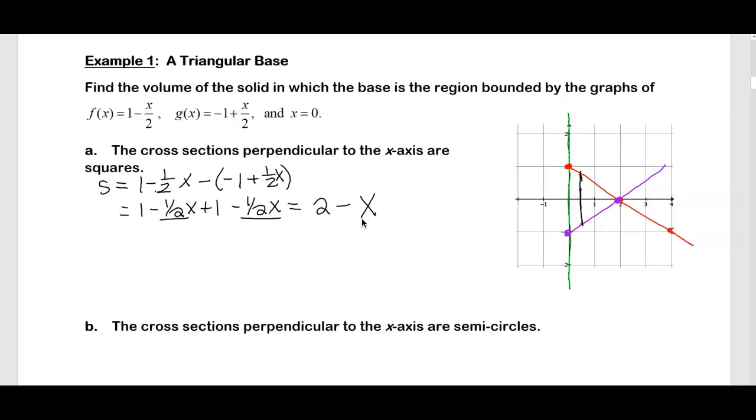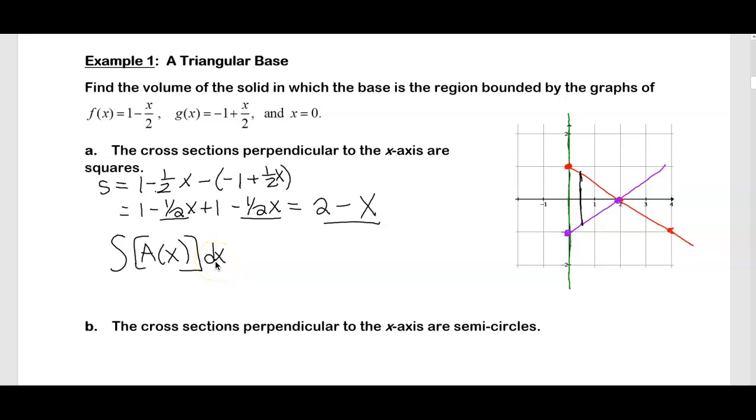So what's the area of a square? Side squared. So this is the side. In order to find the volume three-dimensionally, we're going to take the area times the x.